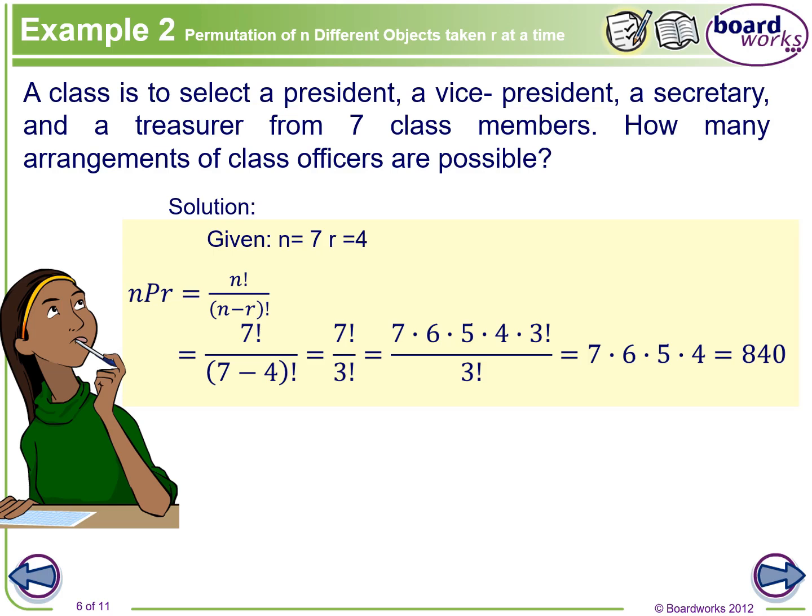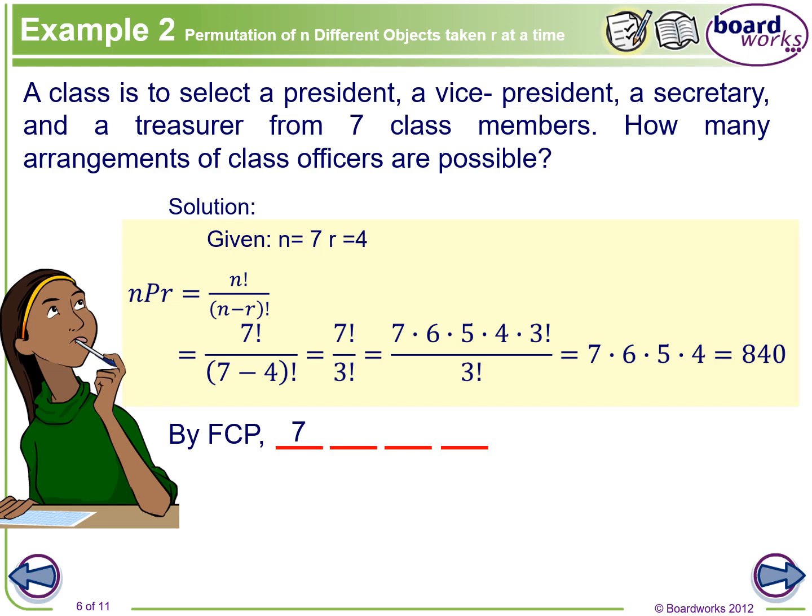This kind of example can also be solved using the fundamental principle of counting. We have 4 events: we select a president, a vice president, a secretary, and a treasurer. In the first event, there will be 7 class members to choose from. If you already have a president, how many persons are there to choose from for the next position?